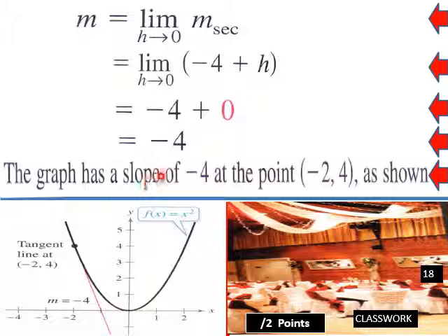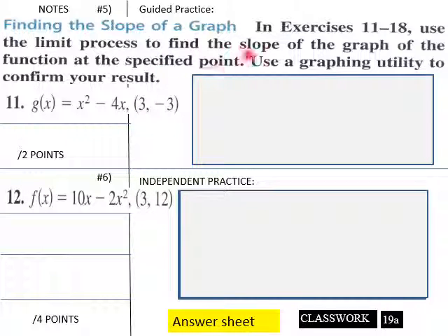So the graph has a slope of -4 at the point -2, 4, which is over here. That m equals -4 at -2, 4 is our tangent line slope there, found by using a difference quotient.